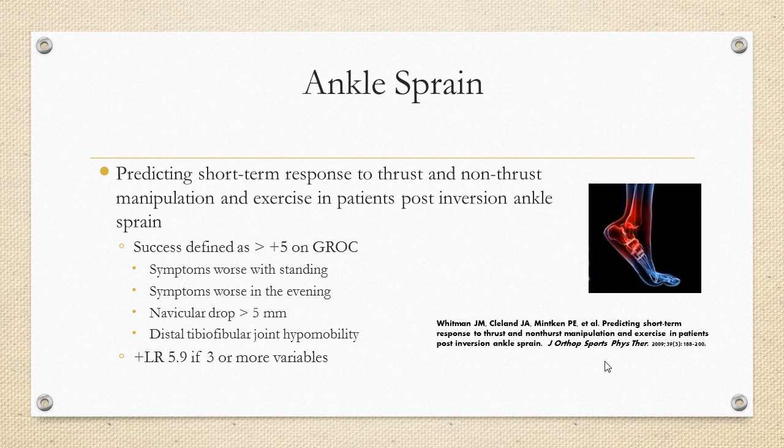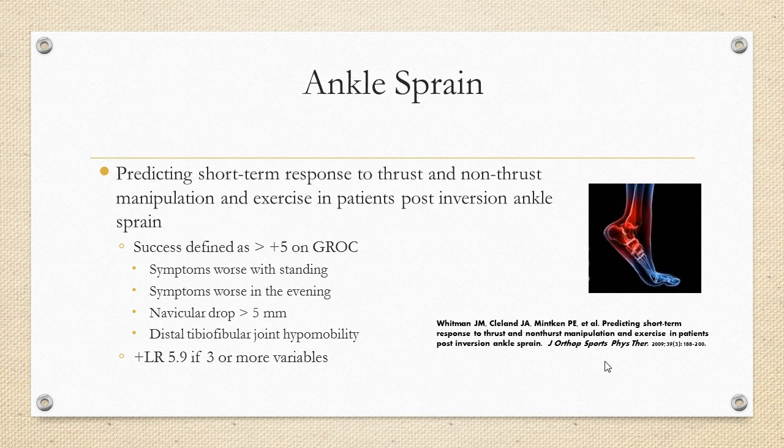They did determine that there were predictor variables, and if 3 of 4 of these were present, there was a likelihood ratio of 5.5. These were symptoms that were worse with standing, symptoms worse in the evening, a navicular drop greater than or equal to 5 millimeters, and distal tib fib hypomobility.